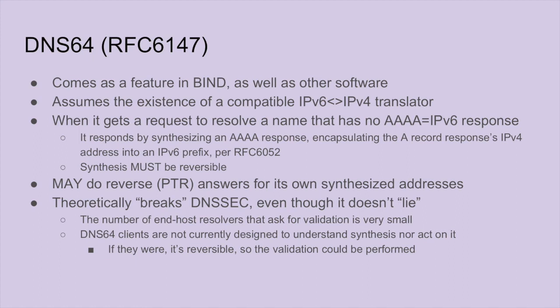When it gets a request to resolve a name that has no quad A response, it responds by synthesizing a quad A response, encapsulating the A record response's IPv4 address into an IPv6 prefix, usually a /96, because 128 minus 96 is 32, and that leaves just enough numbers for the entire IPv4 address space, which is the internet plus 30% or whatever.